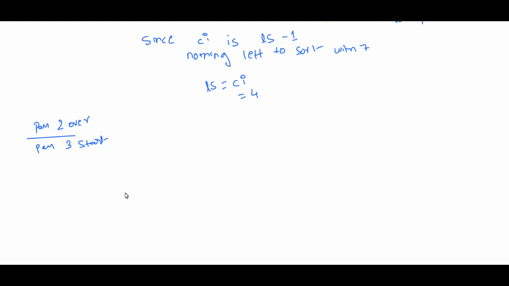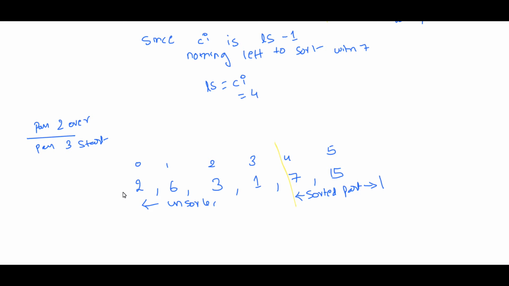Okay, so with that demonstrated, we're going to put our markers again. 2, 6, 3, 1, 7, 15, and this marks our sorted pod, and this is our unsorted pod.